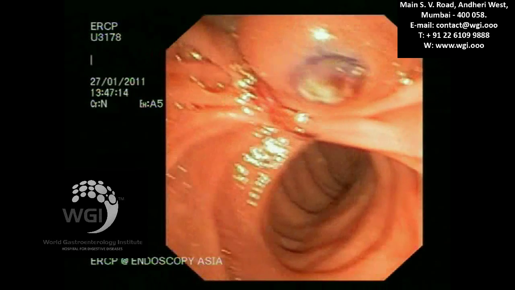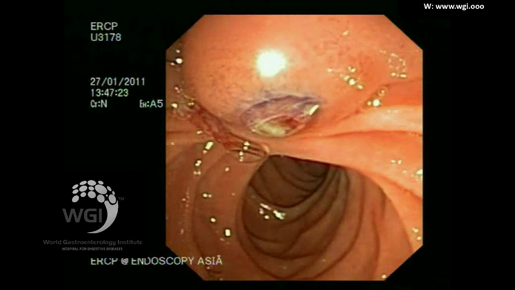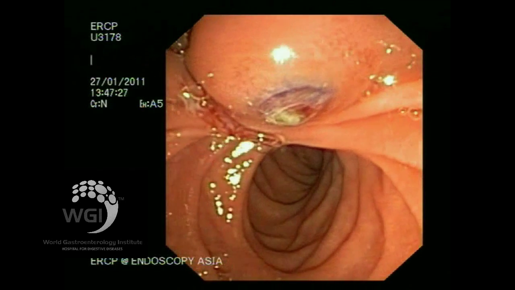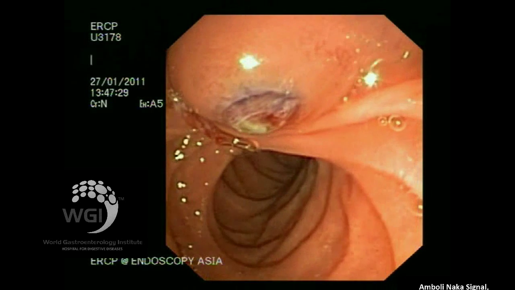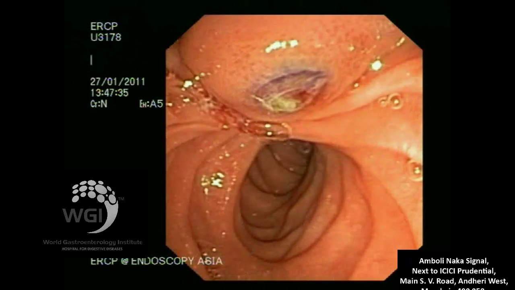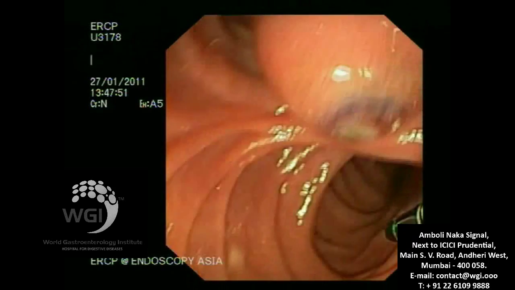So immediately we went with duodenoscopy, and you can see the stone which was impacted right at the ampulla is seen very well. Rather than going for selective cannulation, I prefer to use a needle knife and do a needle knife pre-cut over the stone and deliver the stone like an episiotomy.